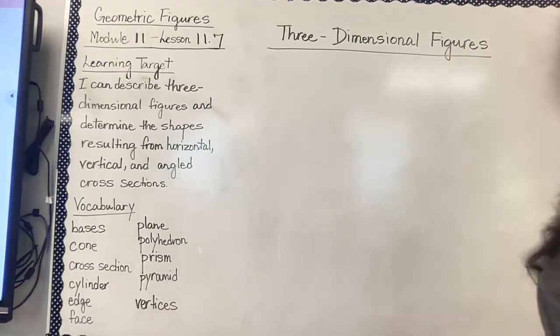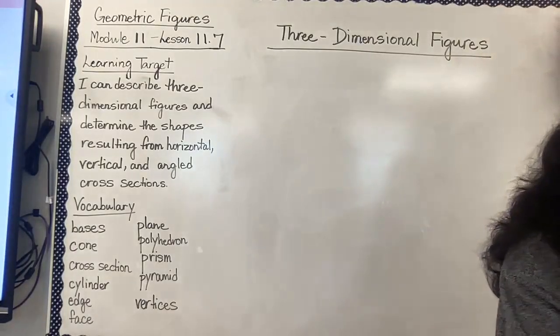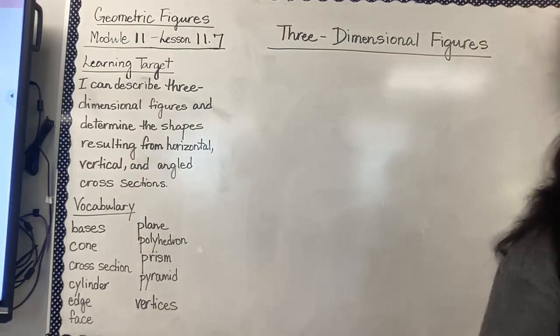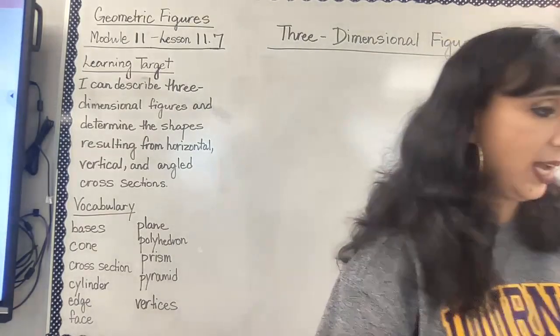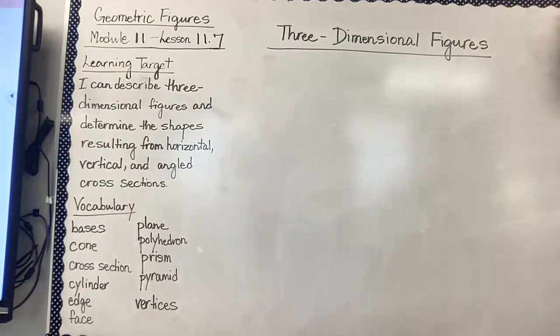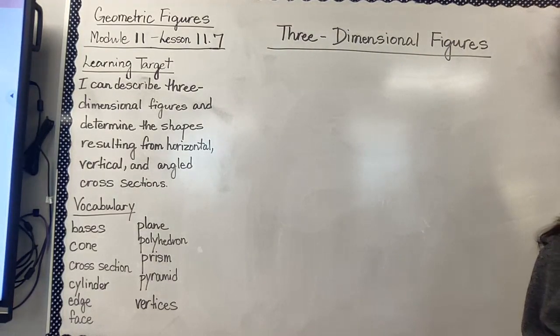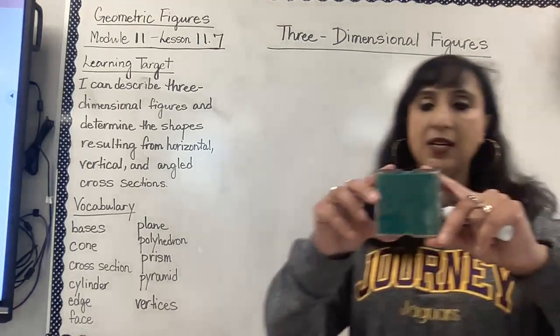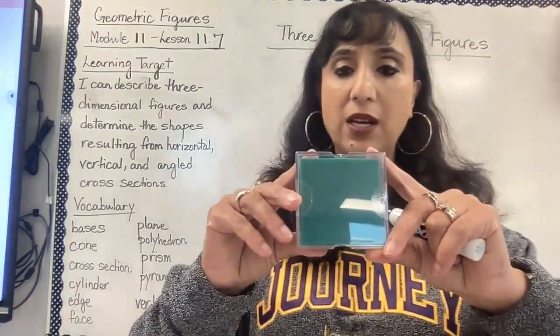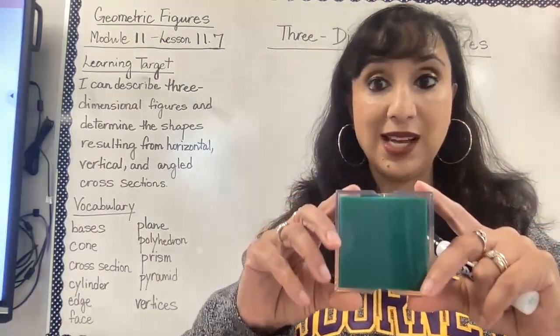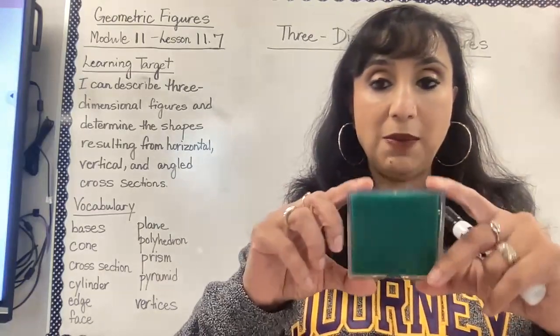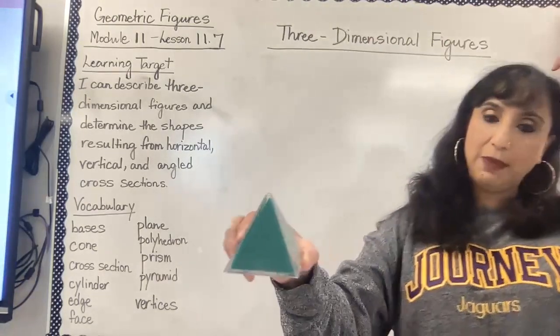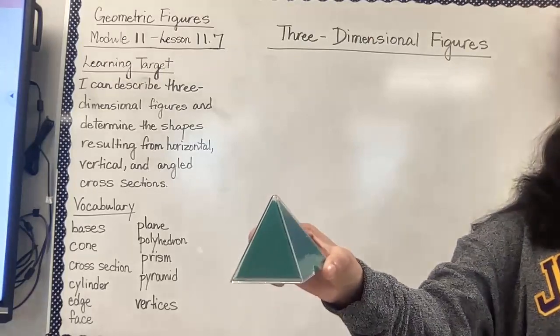Okay, so let's talk about a pyramid. As I had shown you earlier, a pyramid is a three-dimensional figure. It has one base that is also a polygon, not two bases like in a prism. So one base, and then look at what's happening at the top.